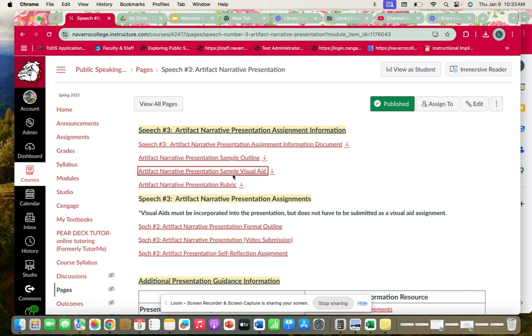Sometimes the important things to us are a dollar stuffed animal that has no monetary value in the world, but it has a lot of value to us because of who gave it to us and sometimes why they gave it to us. So those are the big mistakes students make: they don't use visual aids, and they don't truly share a narrative.